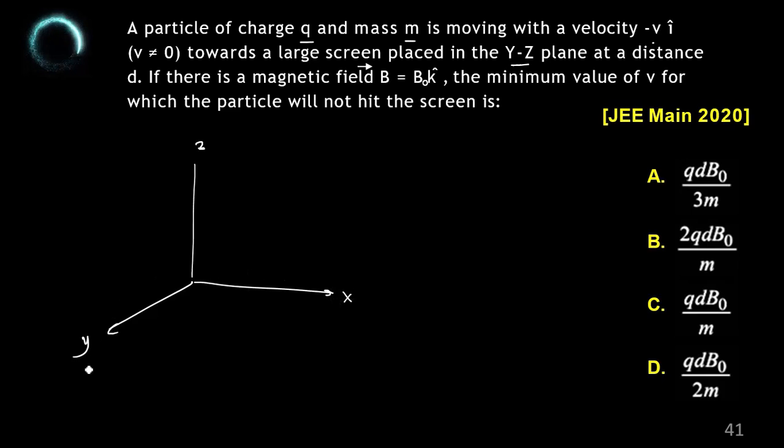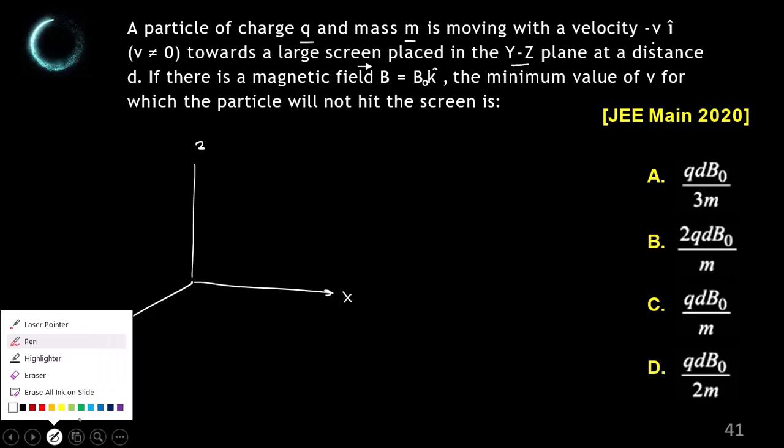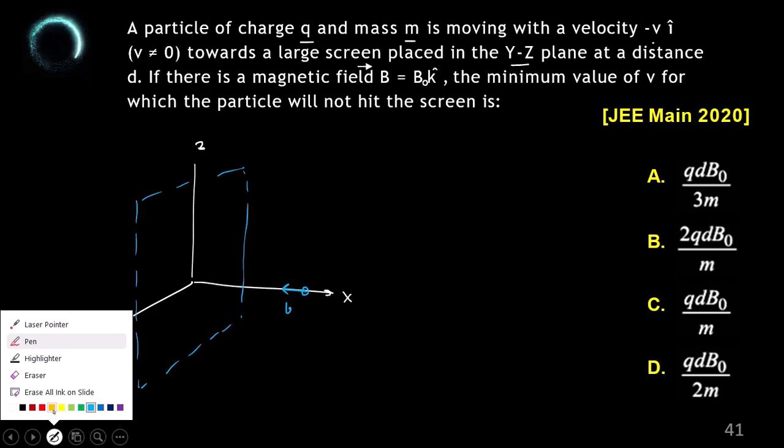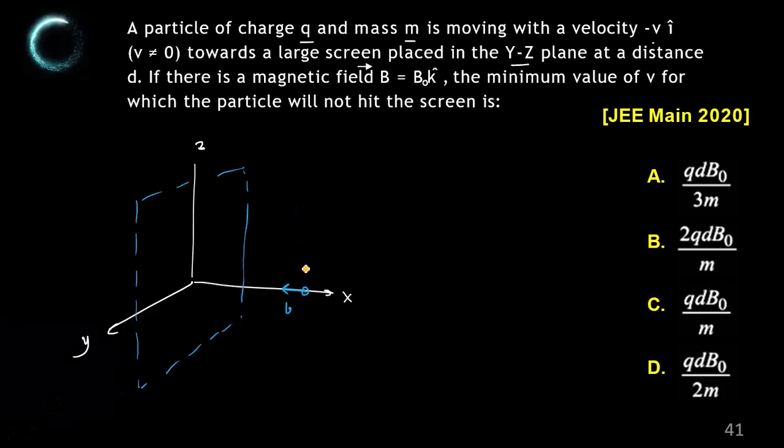So the screen is placed in the YZ plane; let us say this is our screen. A particle is moving towards the negative x-axis, in this direction. The magnetic field is towards K, that means upward.